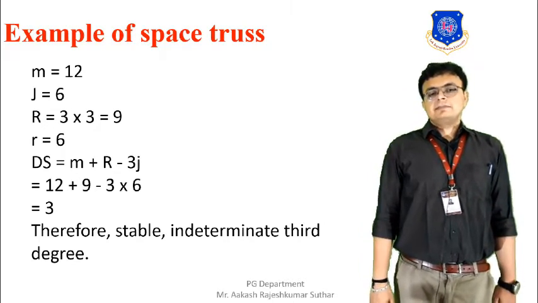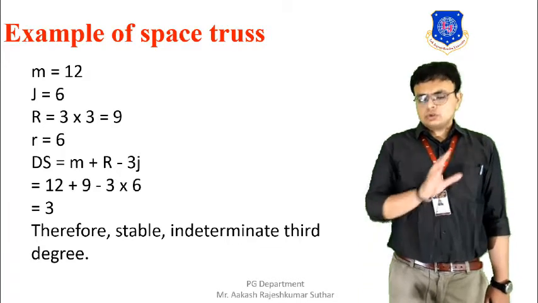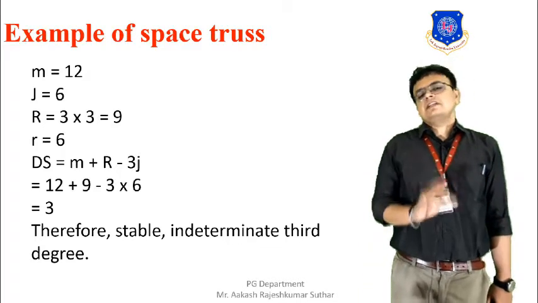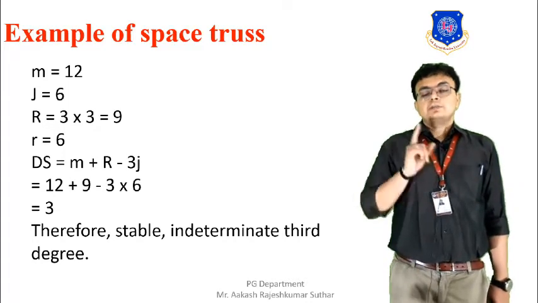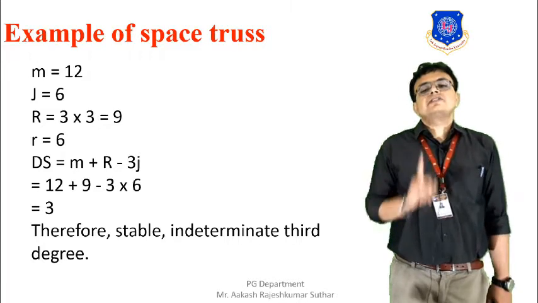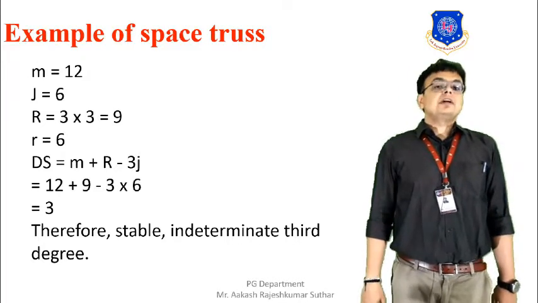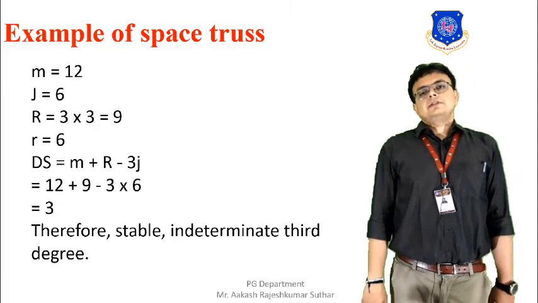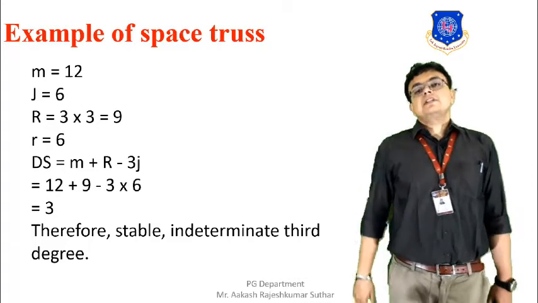We use the same formula because it is a space truss. Remember, reactions are equal to 9 and the joints are 6. So we get the ds value equal to 3. Hence, we can say that our space truss is a stable structure which is indeterminate to the third degree. This is how examples are solved for a space truss.